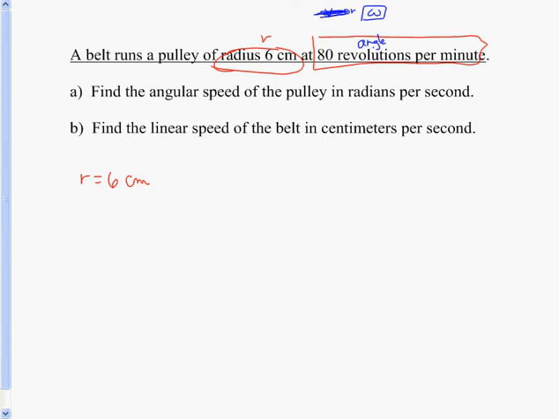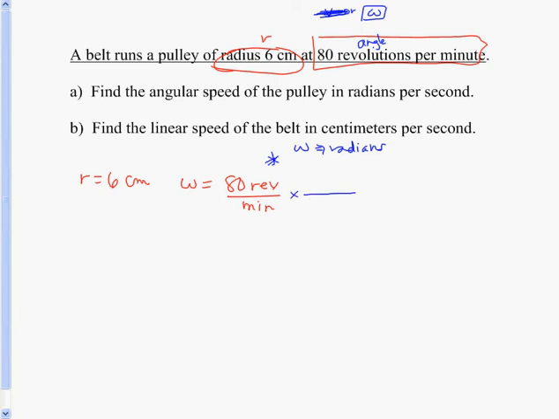So what I have is my angular velocity is 80 revolutions per minute. Now be careful. Remember what I said about this. You need your angular velocity to be in radians. Okay, so I'm going to change this. I can do this.